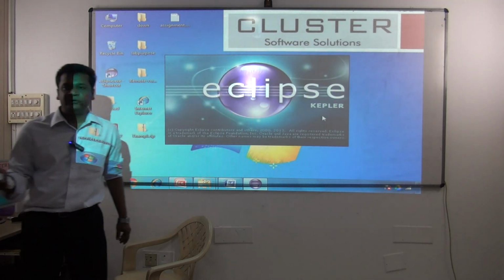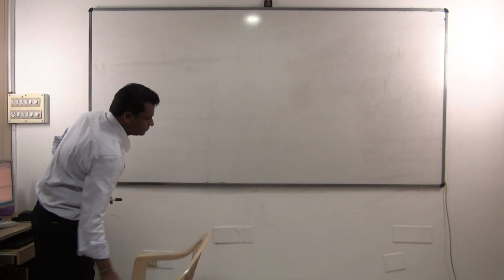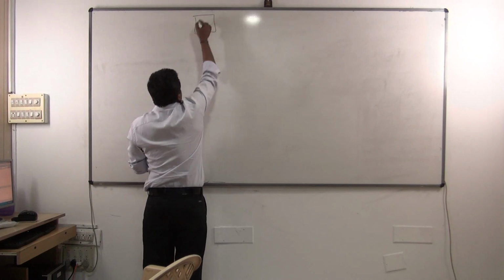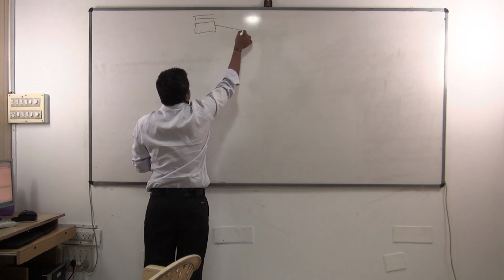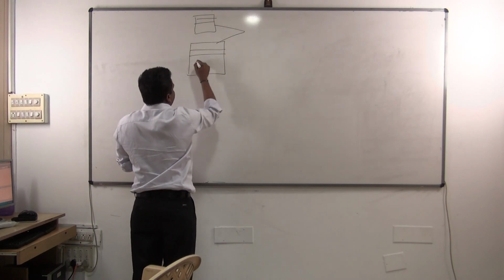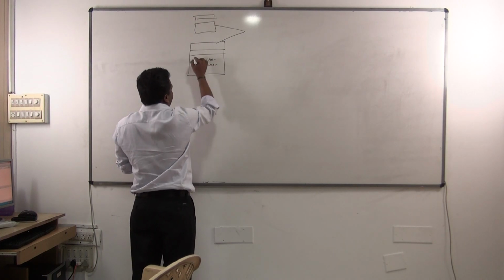First let me explain the flow to you, then we'll come to that. See, the flow would be very simple. The user will make the first request, and when the user makes the first request, you'll get an option: new user, existing user. Two tabs you'll get.